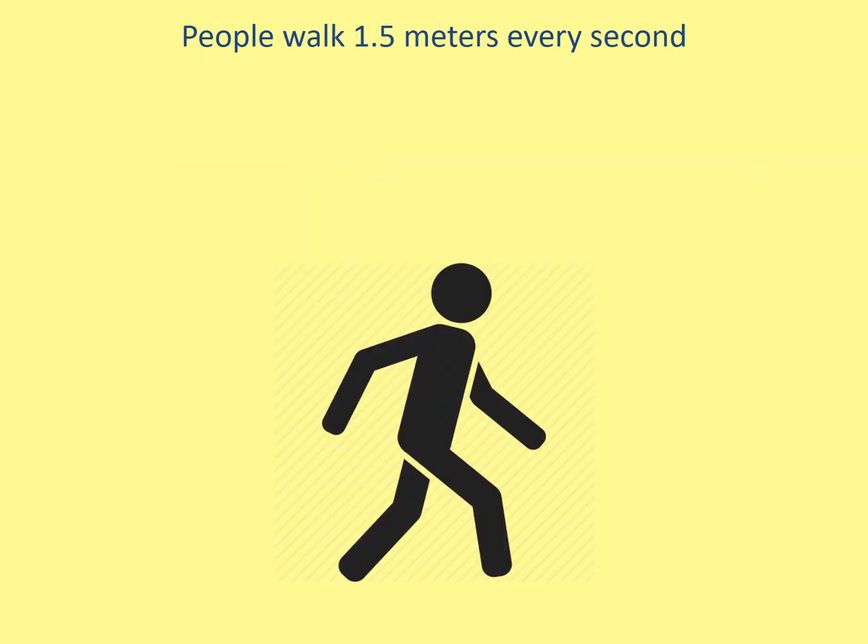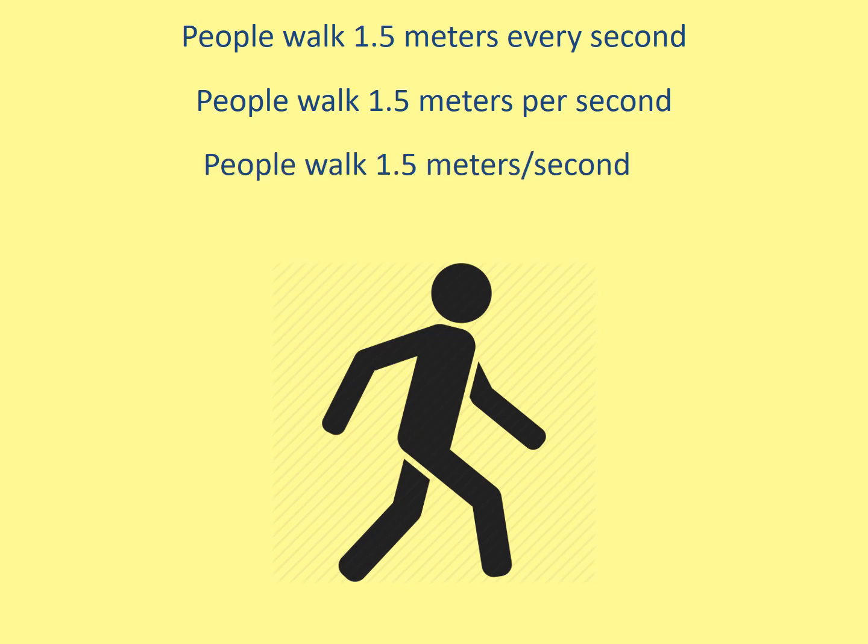People walk 1.5 metres every second. People walk 1.5 metres per second. So whenever you see that forward slash between a distance and a time unit, you know that it stands for per or every.